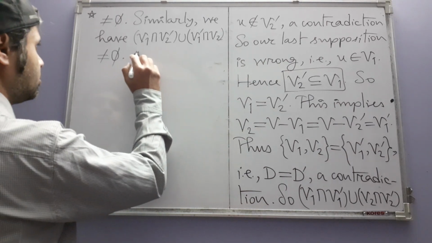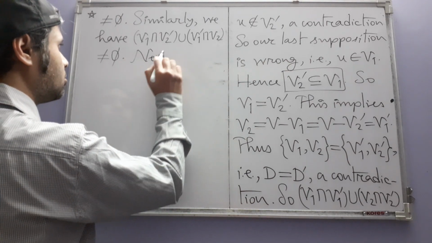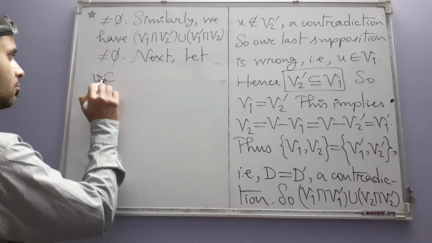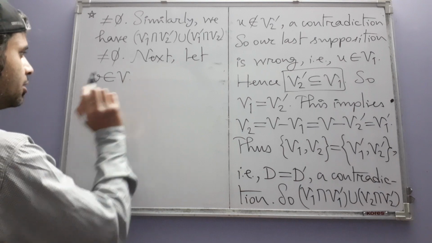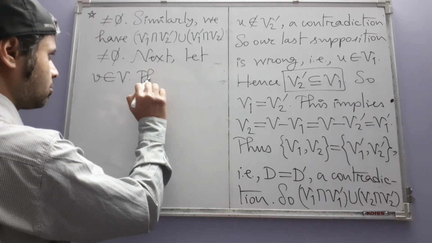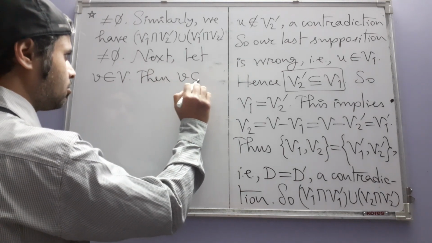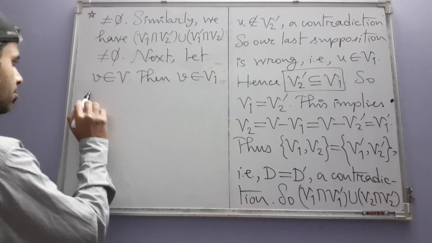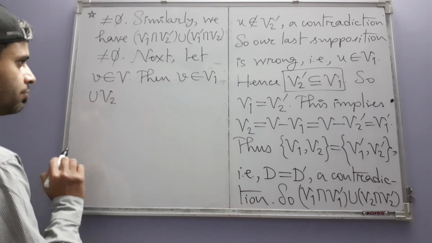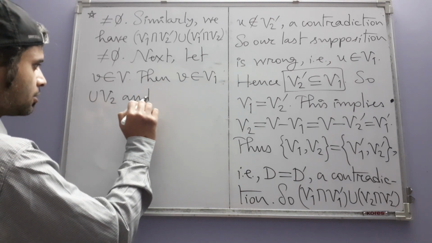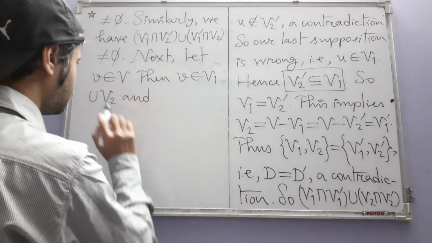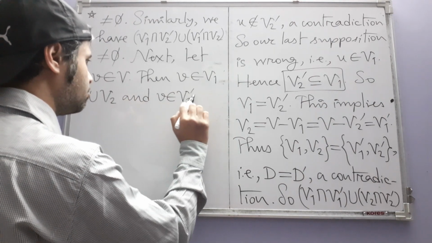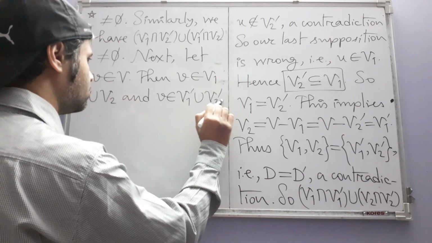For that, let v be any element in V. Then v belongs to V1 union V2, since V1 and V2 form a partition of capital V, and at the same time v also belongs to V1 prime union V2 prime.